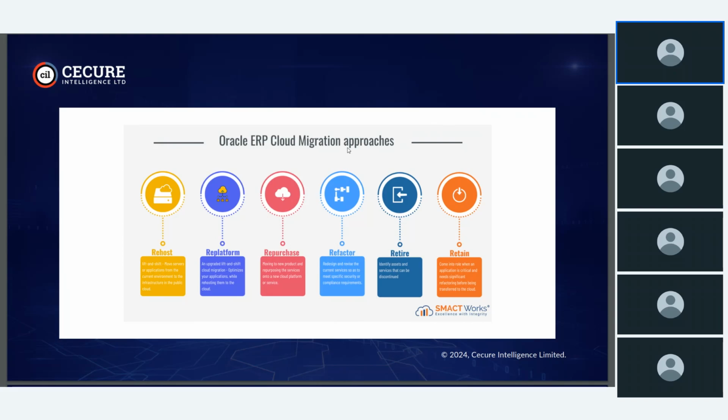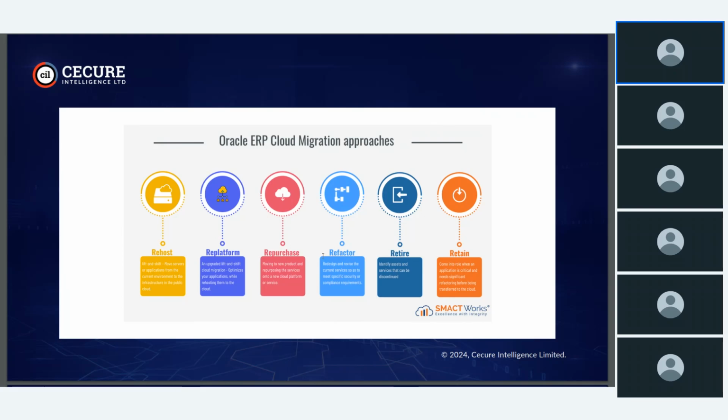So we also have another strategy, which is called replatform. Now you've moved to your new city, and you decide that you want to rearrange all of the things that you have in your apartment to better optimize your space.